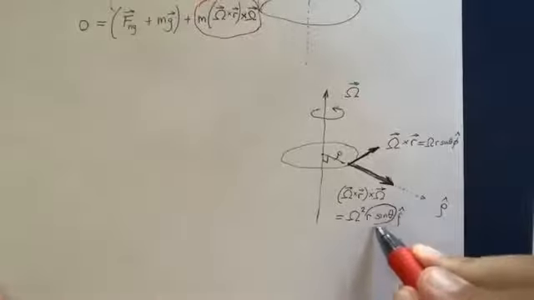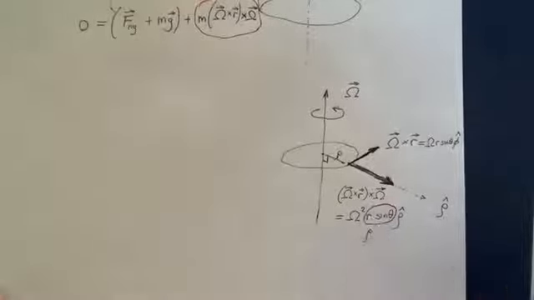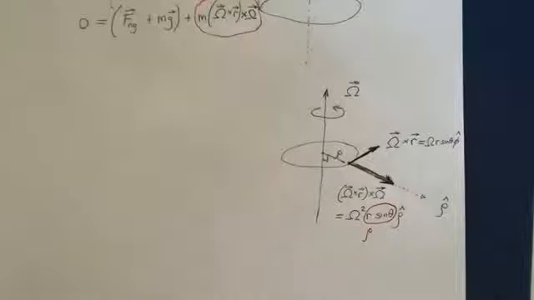So it's a wonderful result. This vector triple product, the quantity omega cross r, that quantity crossed with omega again, is radially directed. It points away from the axis of rotation, and the magnitude is omega squared times your distance from the axis of rotation.